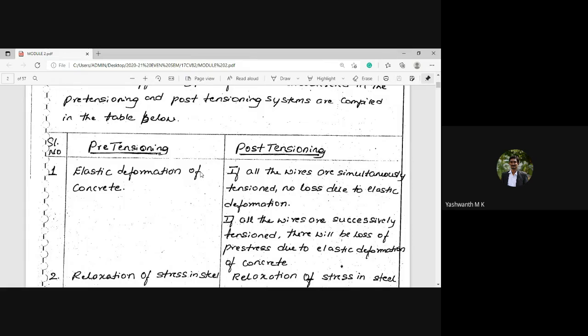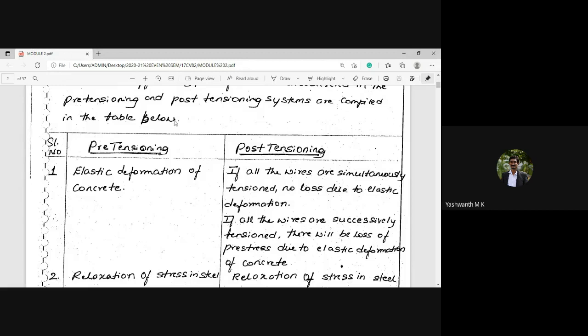In the pre-tensioning system, you will come across certain losses. In the post-tensioning system, you will come across certain losses. In both systems, the types of losses will differ. Why? Because it depends upon the material and the material compatibility.